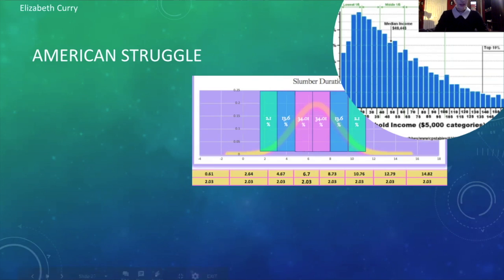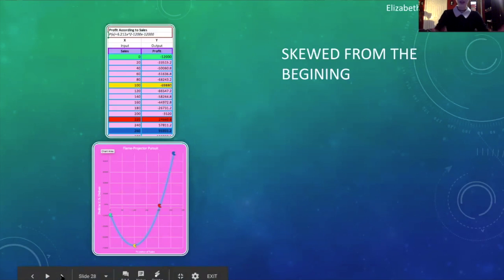Let's move forward and let's talk about skewed from the beginning. I like play on words. Starting a business is hard, and drawing in more profits seems to be the most difficult. As you can see here, this was the flamethrower project from the guy that did Tesla, trying to sell flamethrowers.